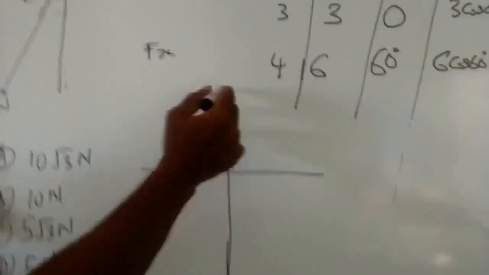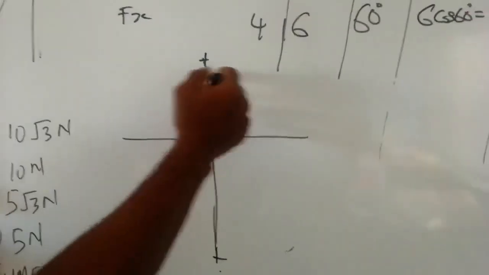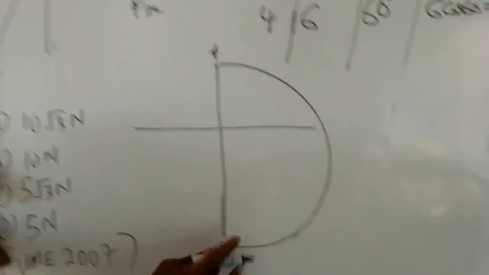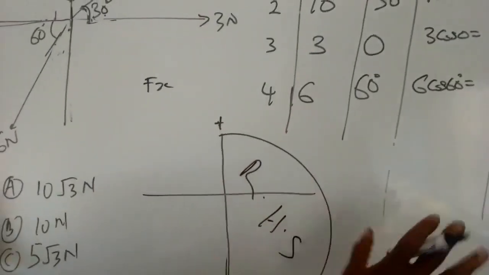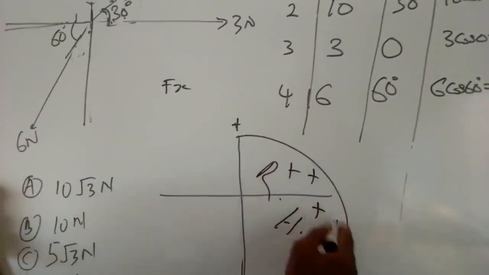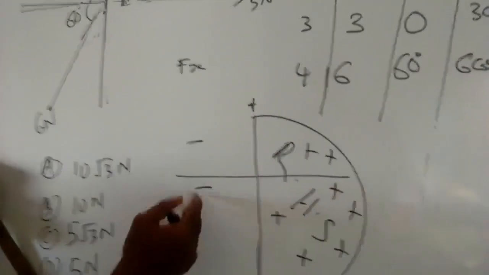From the vertical axis, take the two ends as positive, and then cut to the right hand side of the plane. So every force that exists on the right hand side of the plane, from the middle, will be taken as positive, while all forces that exist on the left hand side will be taken as negative.